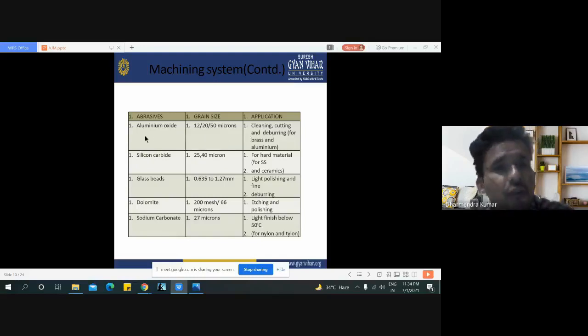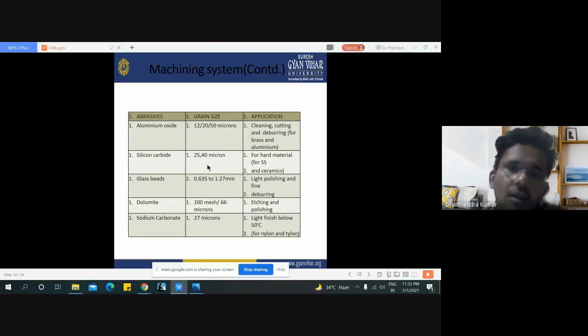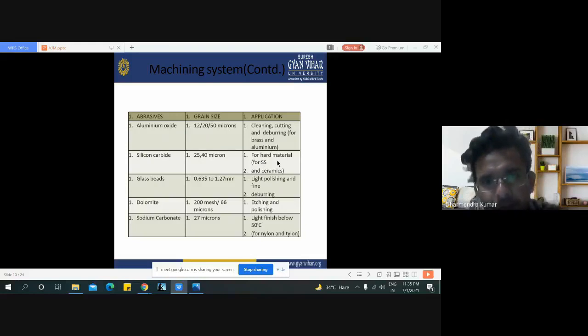Applications include cleaning, cutting and deburring of brass and aluminum. The second one is silicon carbide, 25 to 40 microns, for hard materials such as stainless steel and ceramics.